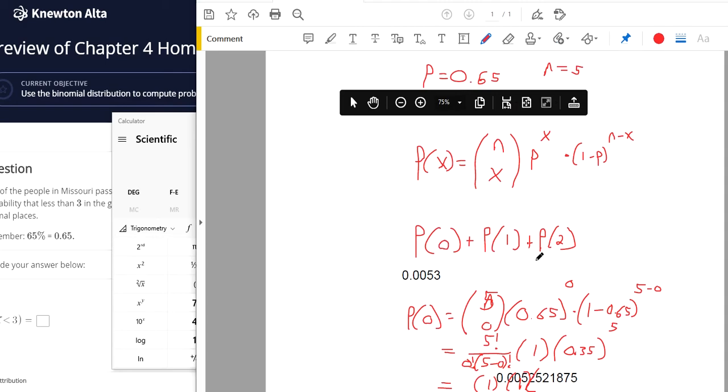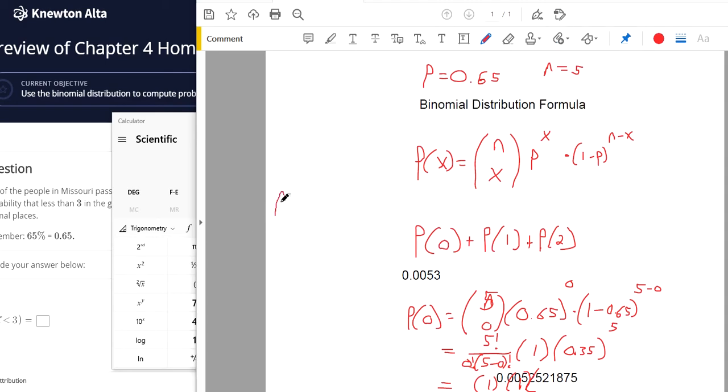Now we have to do it for the probability of 1. That's where you plug in 1 for x. So 5 is our n, 1 is our x. It's 0.65 to the 1st power times 1 minus 0.65 to the 5 minus 1 power.